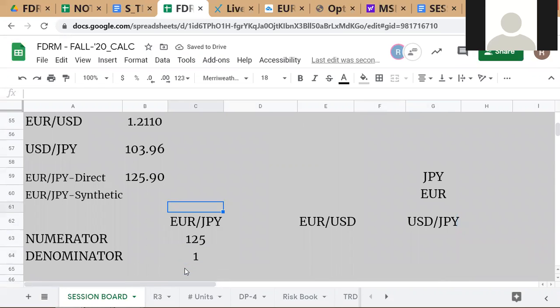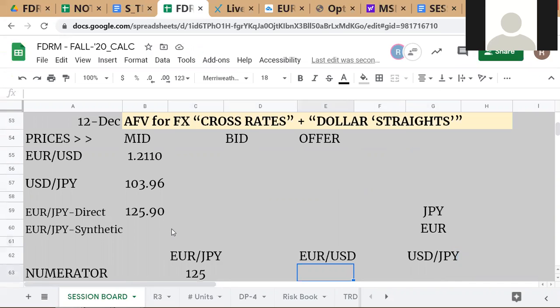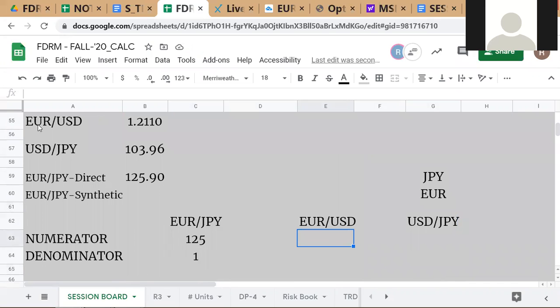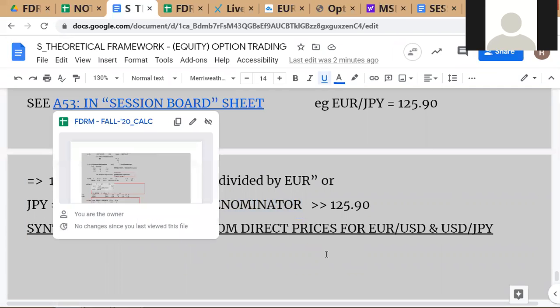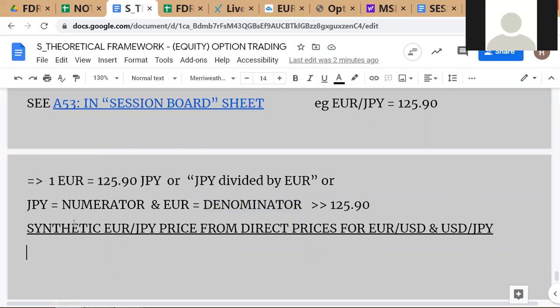Now, in this case, what is the numerator here? Euro USD 121 means, what is in the numerator? Let's do that in the text first. We'll repeat this.